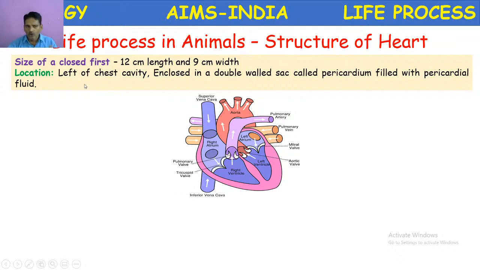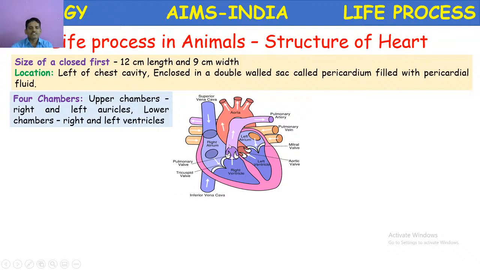It is located near the left side of the chest cavity, and it is a muscular structure enclosed in a double-layered, sac-like wall called the pericardium. This pericardium is filled with a fluid called the pericardial fluid.